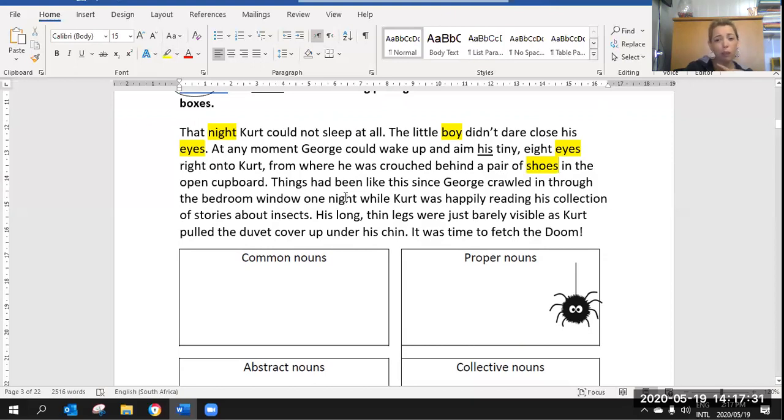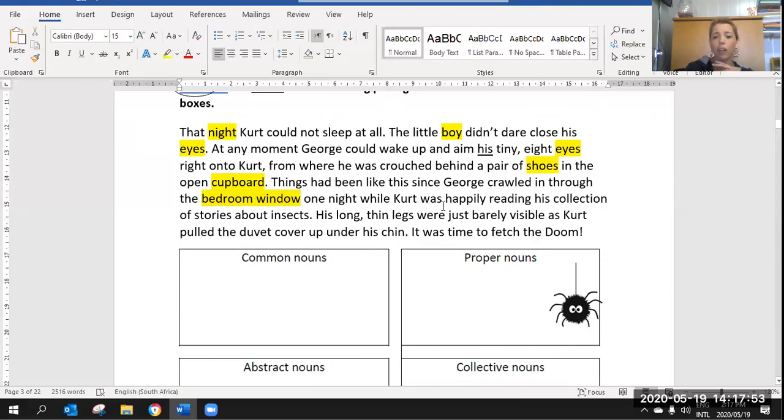Those of you are saying, but Miss, what about pair? We'll get to that when we get to the next set of nouns. In the open cupboard. So cupboard, again, just a straightforward common noun. Things had been like this since George crawled in through the bedroom window. Another nice example of common nouns there, bedroom and window.